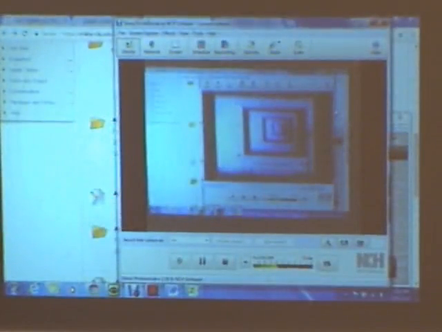So most of the time I'm going to just keep it zoomed in on my screen so people can see what's happening.